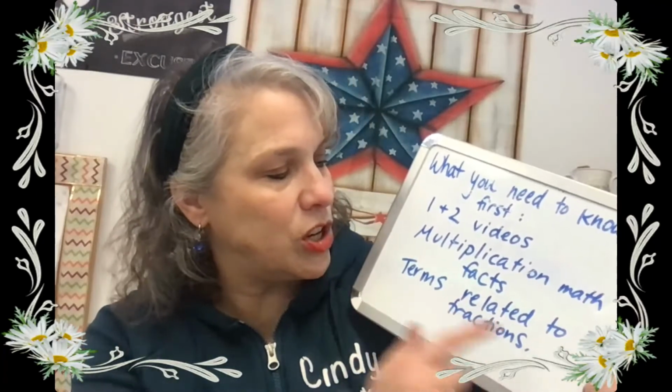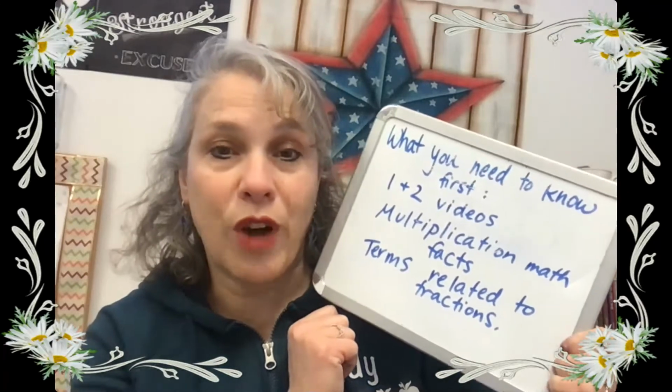You also need to know some terms related to fractions, and we talked about some of those in videos 1 and 2. The top number in a fraction is called the numerator. The bottom number is called the denominator. A proper fraction is when you have a smaller number on the top and a larger number on the bottom.